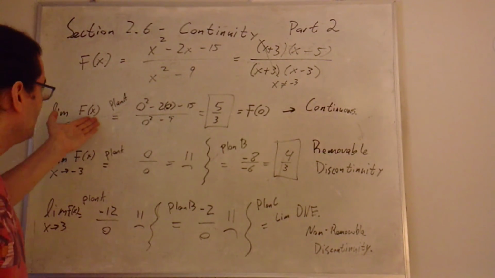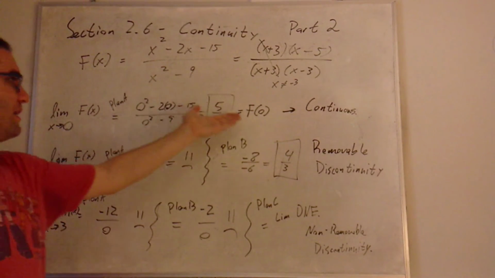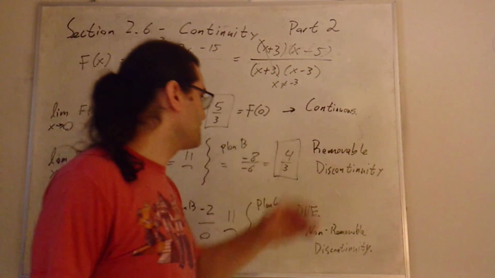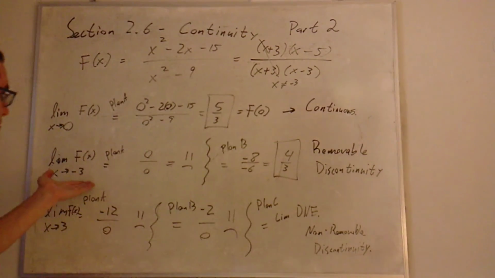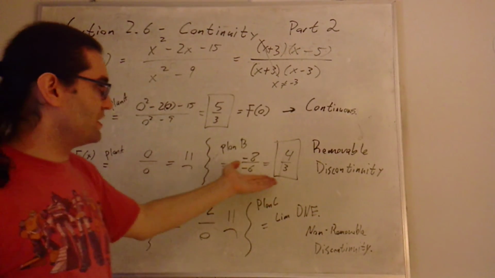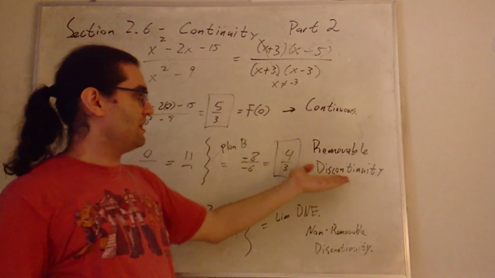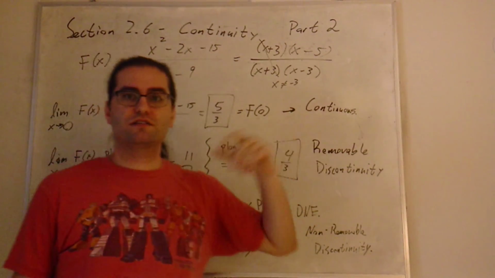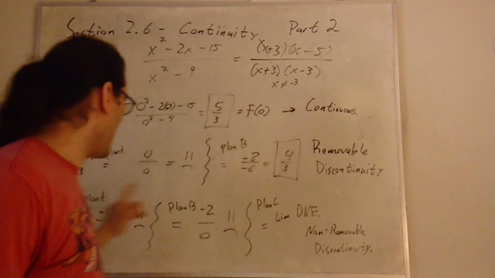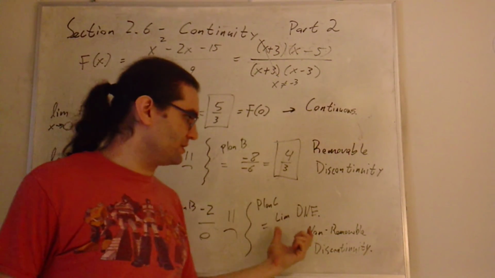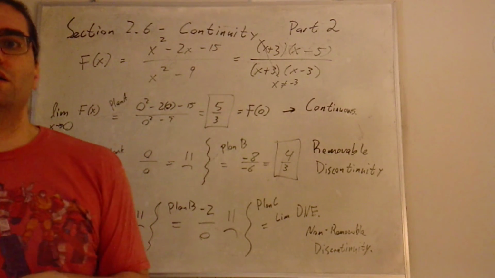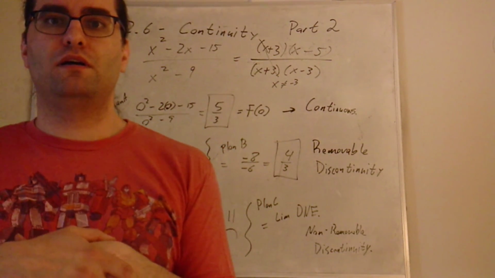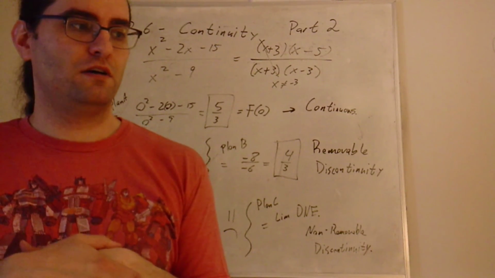If you evaluate the limit by evaluating the function, then of course they're going to match. You have continuity. If you have to change something in order to evaluate the limit, but then you still get a limit, that means that the function doesn't exist at that point, but the limit does. That's removable. And if you cannot fix anything and the limit does not exist, then you cannot make that continuous. That's pretty much the whole section.